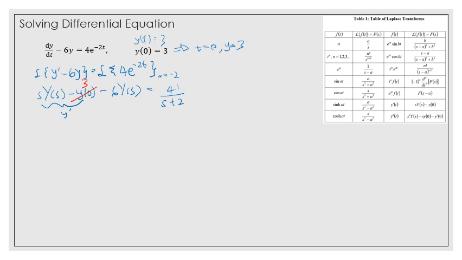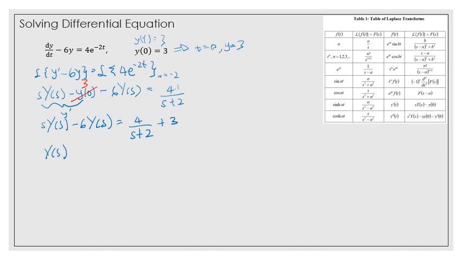Let's say if I factorize, I bring first sY(s) minus 6Y(s) equal to 4 over s plus 2. The minus 3 here, I will bring to the right side, so we have plus 3. Then we factorize on the left side.